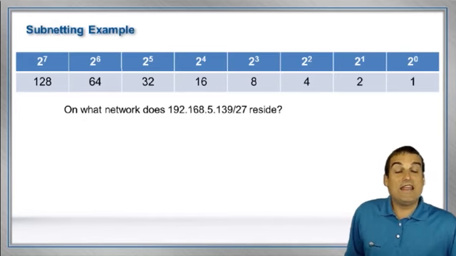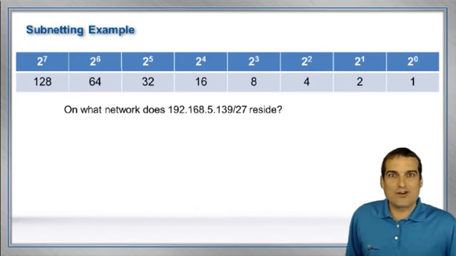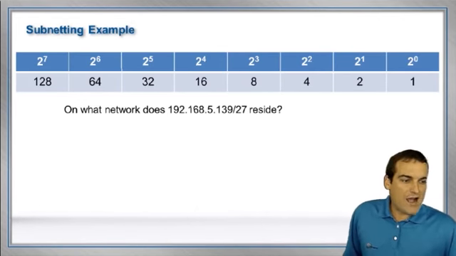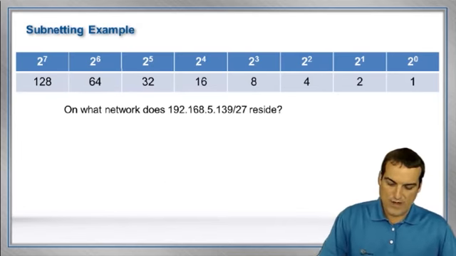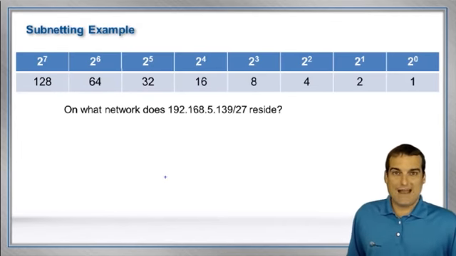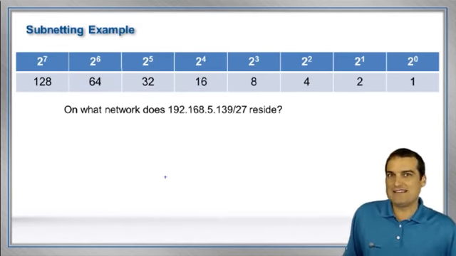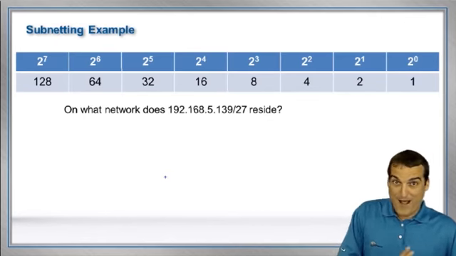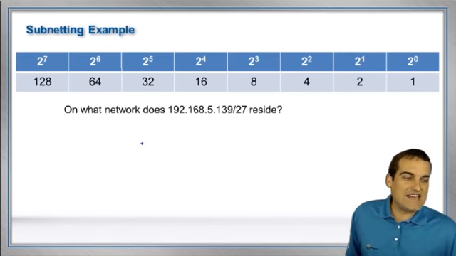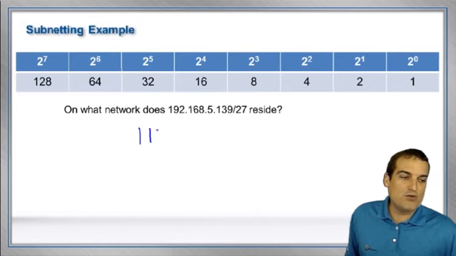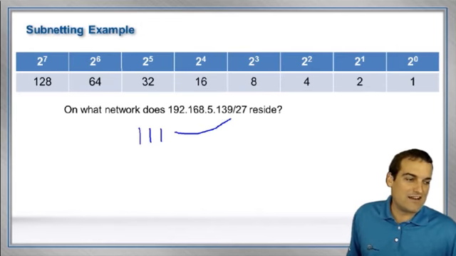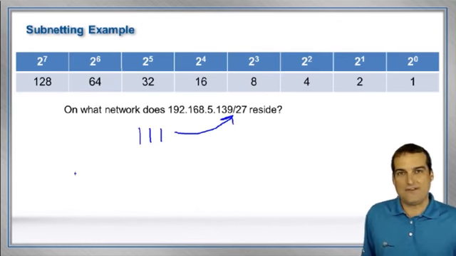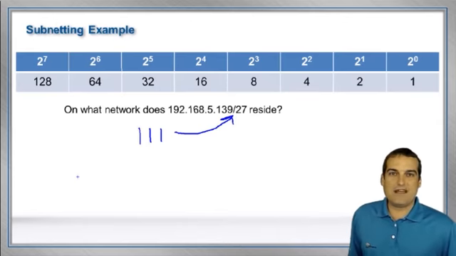All right, here's the shortcut that always works here. It's so cool. How many bits deep did we go into that particular subnet mask? Or how many bits did we steal? We said we stole 1, 2, 3 bits. And we could tell that, of course, from the /27. We stole those 3 bits.